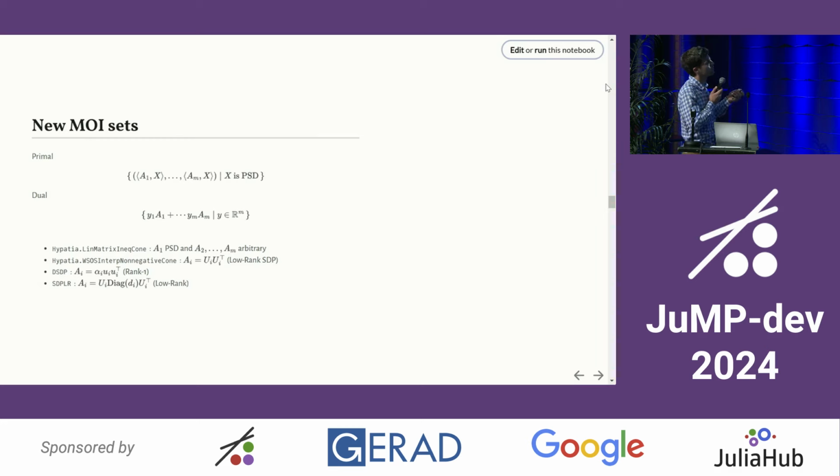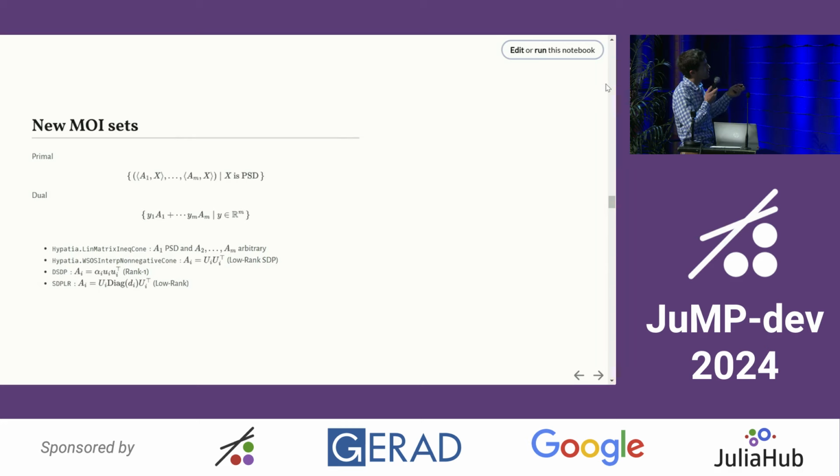It's mostly useful for PSD, but for example, you could also imagine using it for Hermitian PSD. And here, the set would be parameterized by a list of M matrices. And then the set would simply return the vector of scalar products of the PSD matrix with these M matrices.